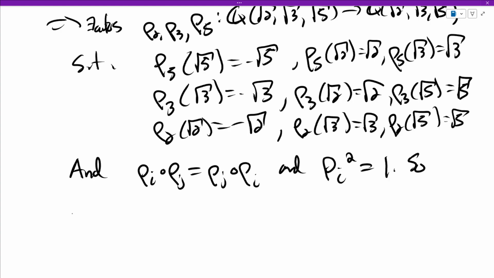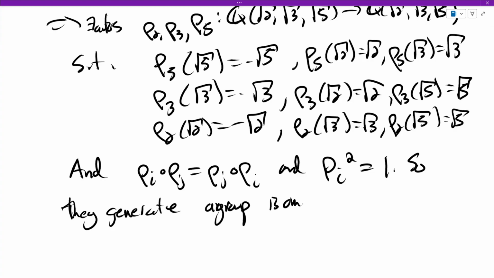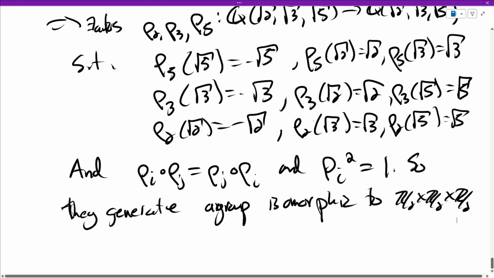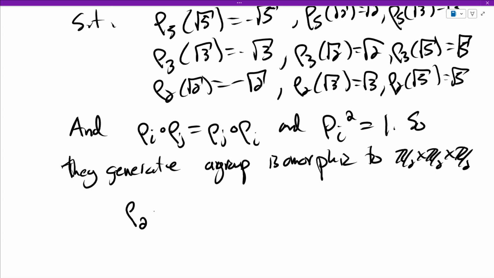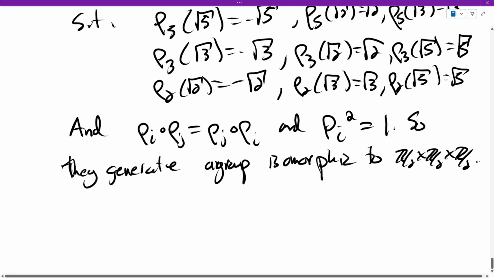So they generate a group isomorphic to Z mod 2 cross Z mod 2 cross Z mod 2. And the isomorphism is pretty simple. I know that group theory happened a while ago.